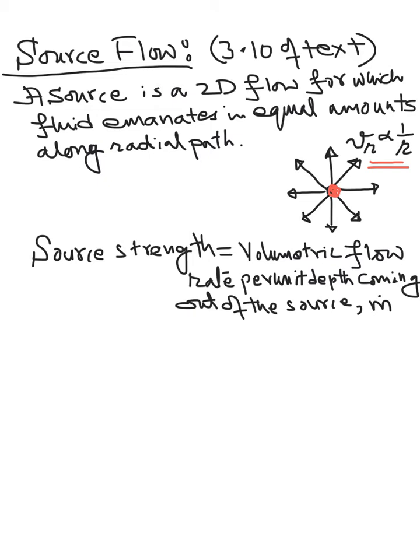Now next is my source strength. The source strength is the volumetric flow rate per unit depth coming out of the source, indicated by this m dot. So I can easily write an expression for my m dot following the mass flow rate relation.